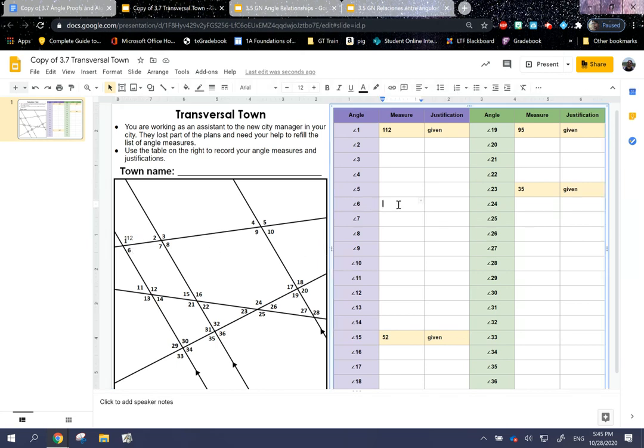So I'm going to type in 68 for angle 6. Now, I also want to justify what I did. Well, I can write linear pair. So now that I know angle 6, I can fill it in too if it helps you visualize it. You don't have to, but I would recommend it so that you can see them.